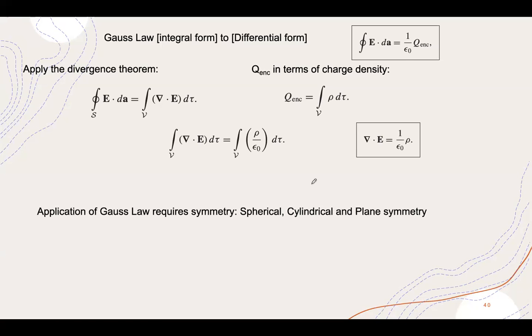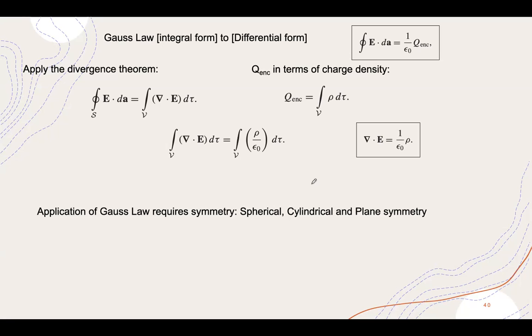After developing this, let me talk about the symmetry. Application of Gauss law requires a very symmetrical configuration, and the symmetries we can use for this law are spherical, cylindrical, or plane symmetry.